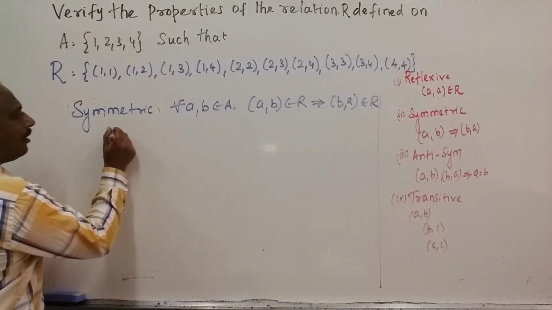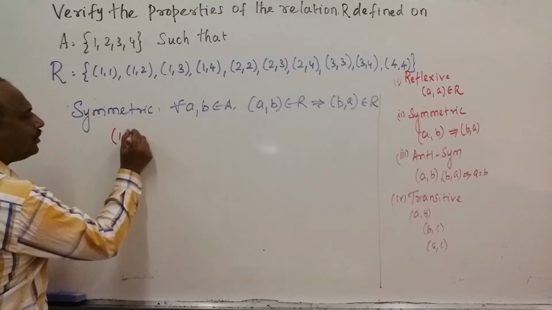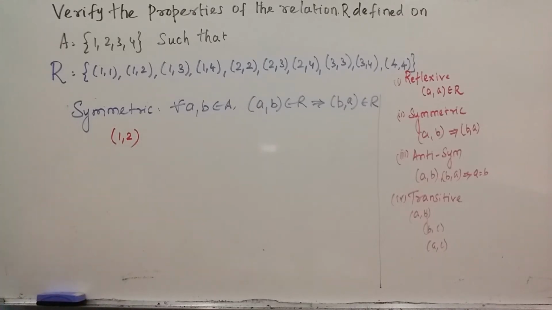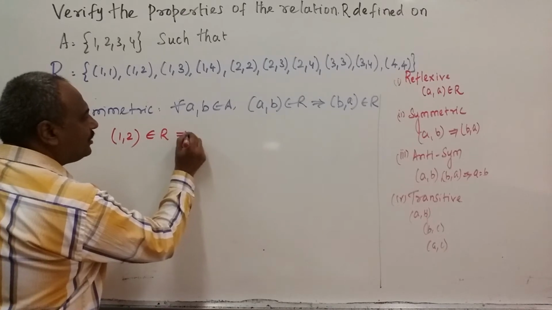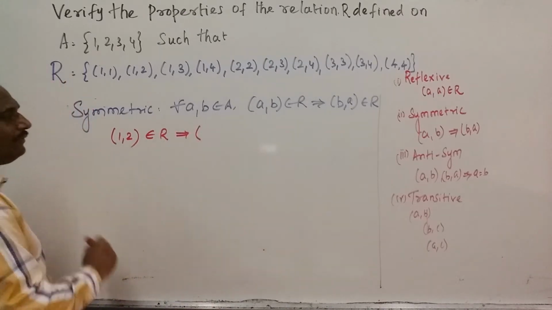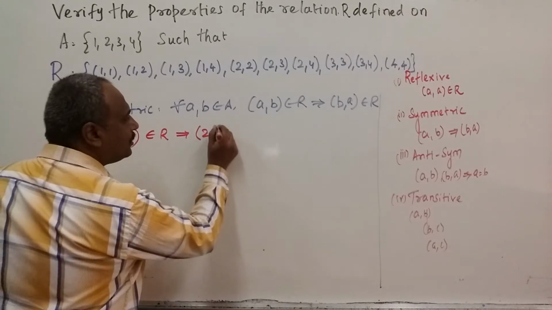I am going to take a non-reflexive term. I am going to take (2,1) and check whether the opposite belongs to R. I am going to check if the opposite is available. What is the opposite?